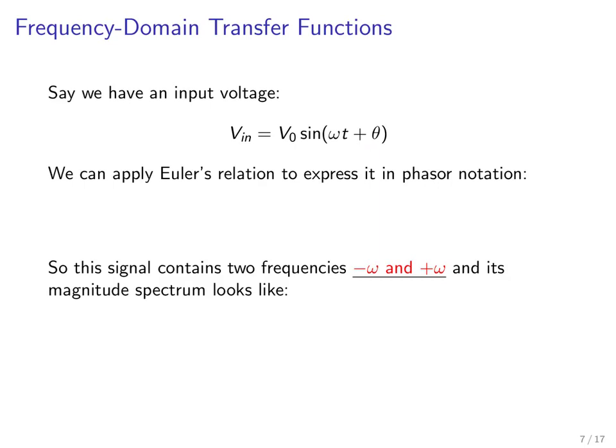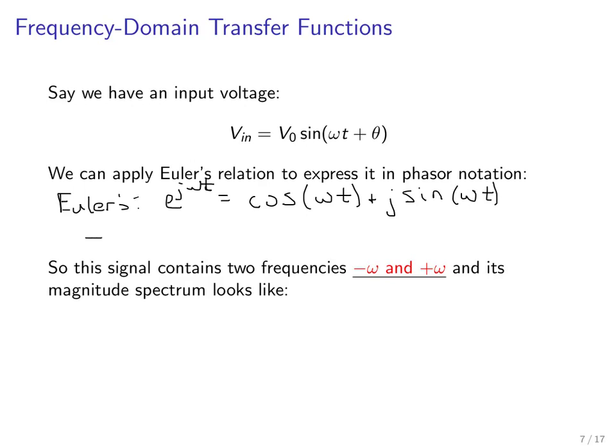Remember Euler's relation: e to the j omega t is equal to cosine of omega t plus j times sine of omega t.